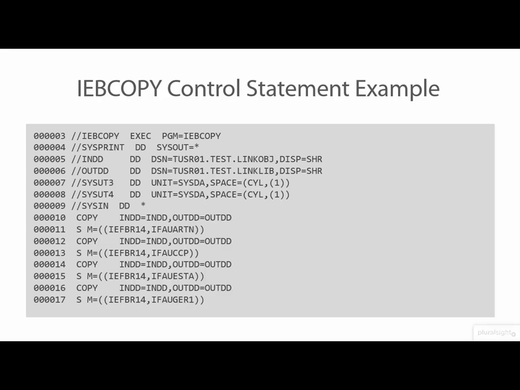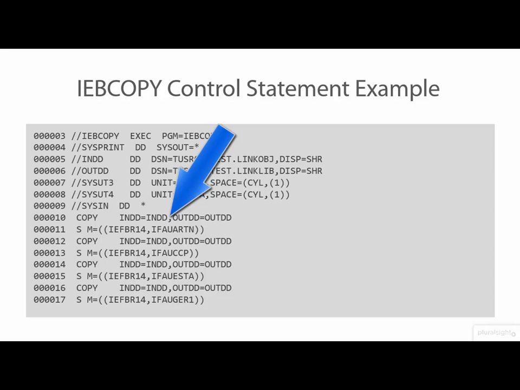In this particular case, we do have the SYSUT3 and 4 specified, but as I said, in all likelihood, they are not going to be necessary. The INDD and the OUTDD are identified on the copy statements. And then, of course, we have a select. In this case, it's abbreviated as a SELECT MEMBER, and it indicates we are copying a program.